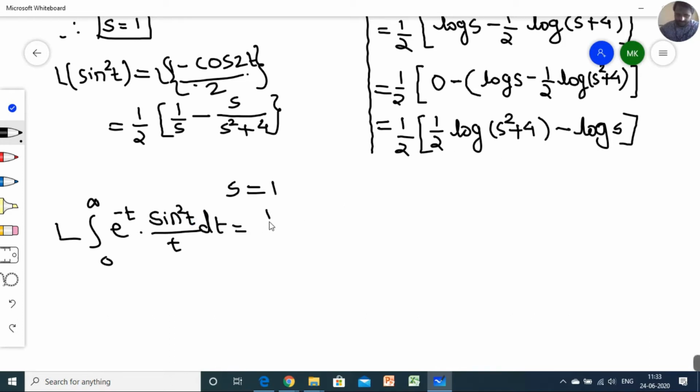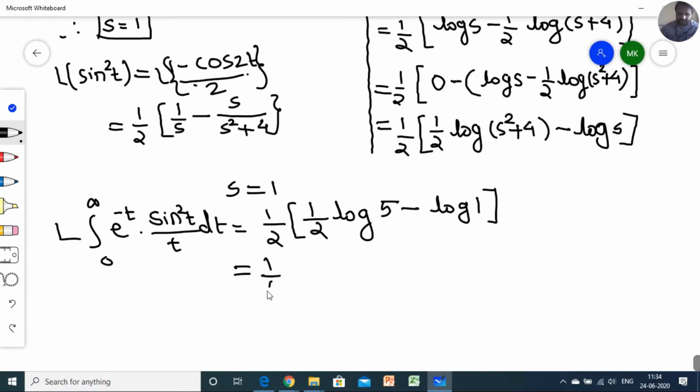So I will get 1 by 2 log of, while substituting 1 you will get 1 plus 4, that is 5, minus log of 1. Hope all of you know that log of 1 is equal to 0, so that we got the result, 1 by 4 into log of 5.